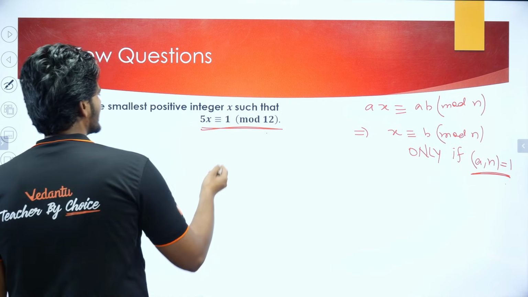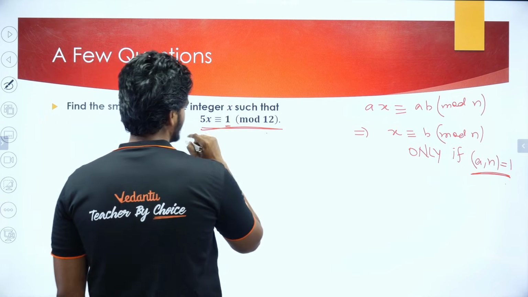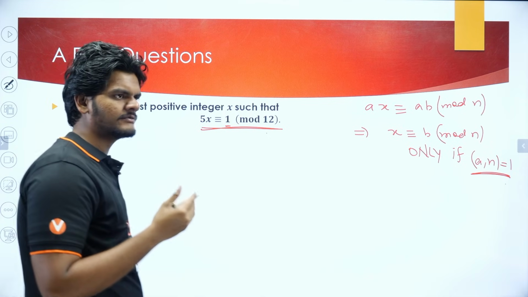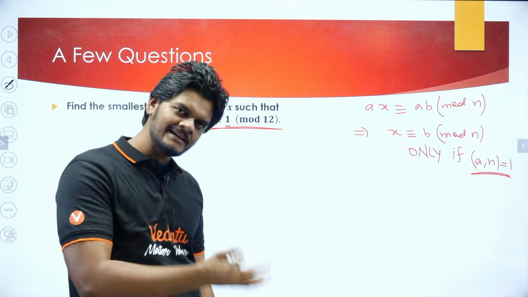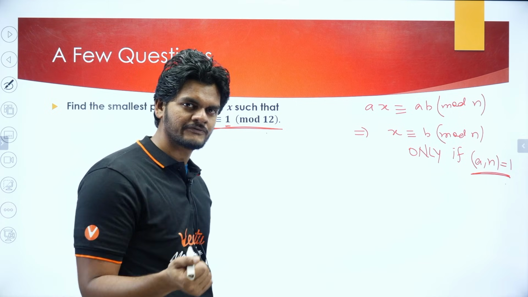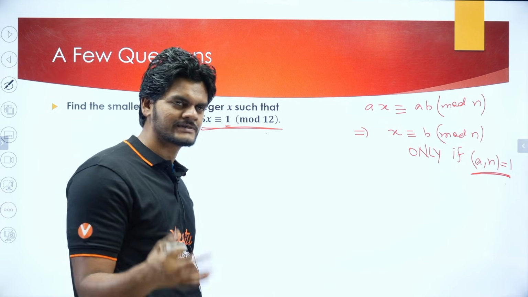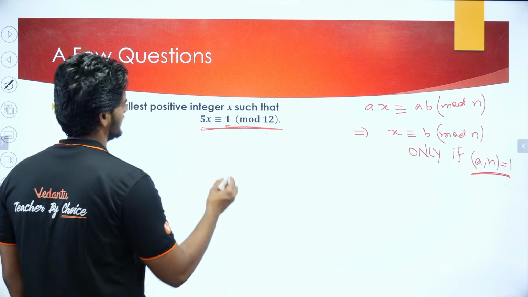So first of all, can we get a multiple of 5 on the right hand side? Can you tell me a number which is 1 mod 12 and is a multiple of 5? I'm pretty sure you could think of this. I really wish we did more live sessions. It will be more fun.